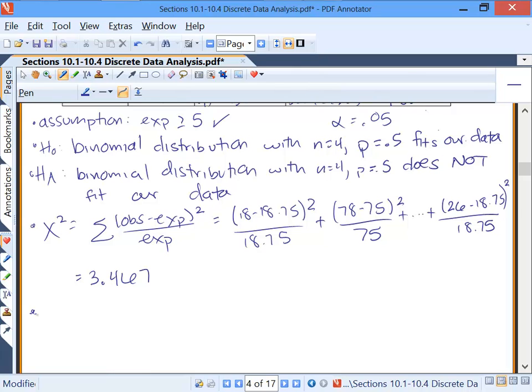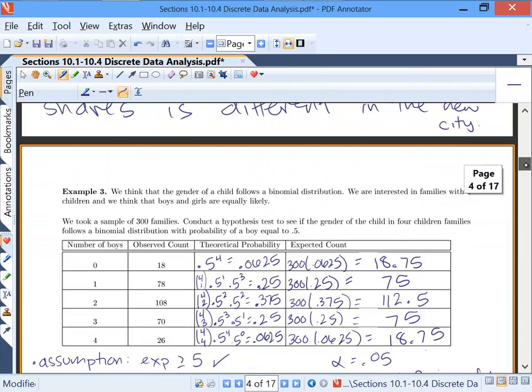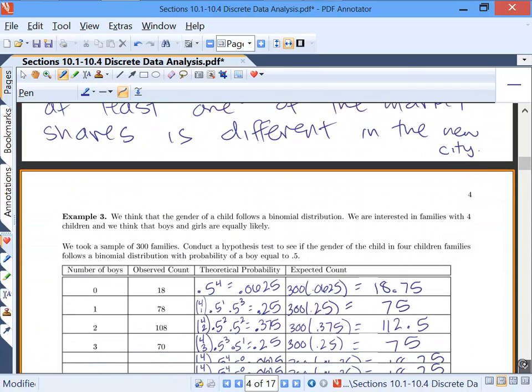What else do we need? We need degrees of freedom, which is k minus 1. How many groups did we have? We have 5 groups.